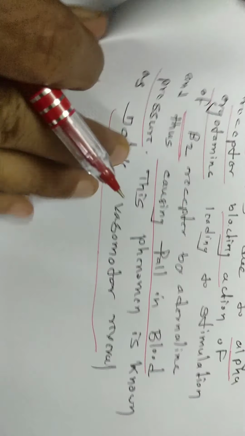Now you can study the graph. It's a normal graph of the frog. The peak going up is for contraction, and the fall down is for relaxation.